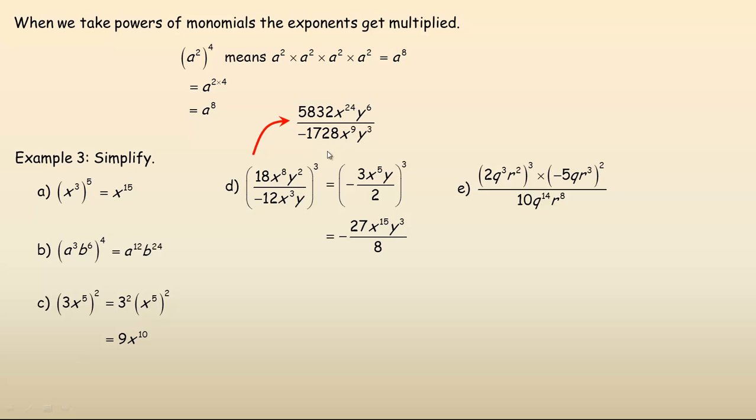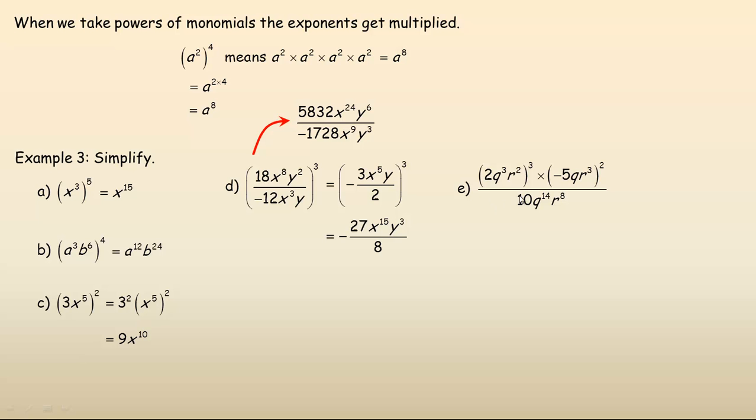And 3 times 3 is 9. 1 times 3 is 3. Okay, and if you simplify 5832 over negative 1728, you will get negative 27 over 8. Subtract the exponents: 24 minus 9 is 15, 6 minus 3 is 3. So it does work. But simplifying first is a little more efficient way to do it.